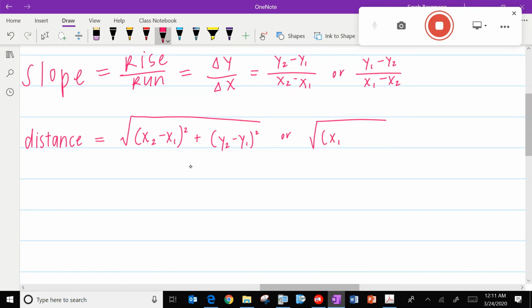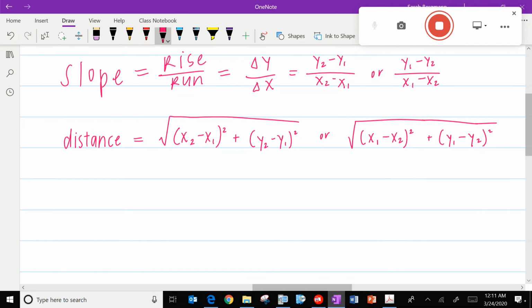Since you're squaring it, it will always end up positive anyways. Okay, so that's distance formula, and remember, you could always use Pythagorean theorem. So that's the sum of the legs squared is equal to the hypotenuse squared.